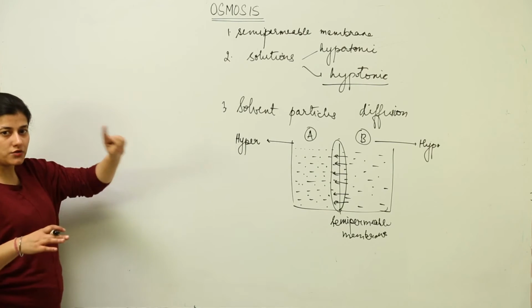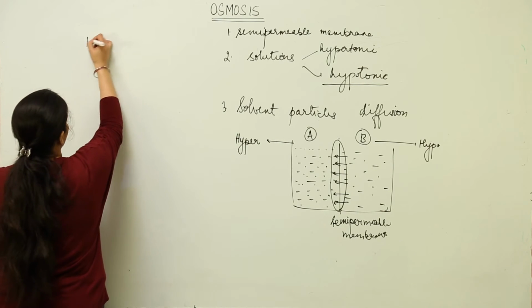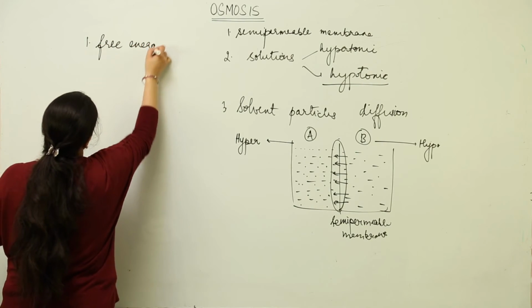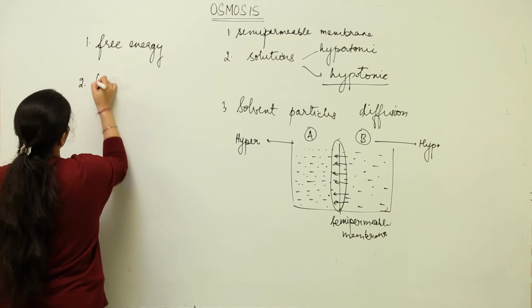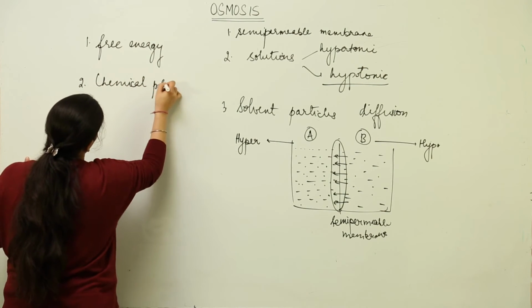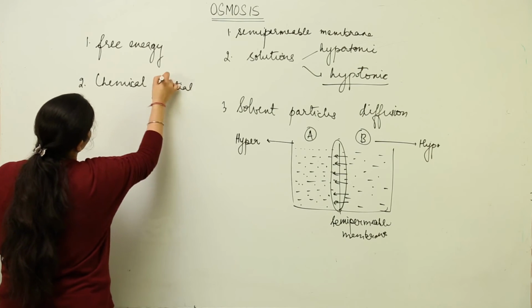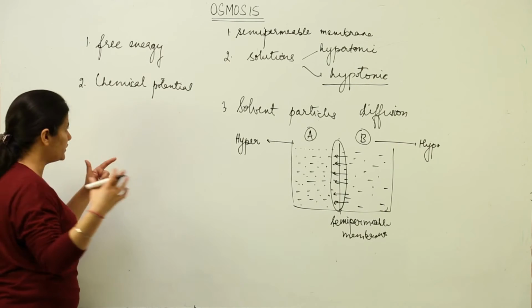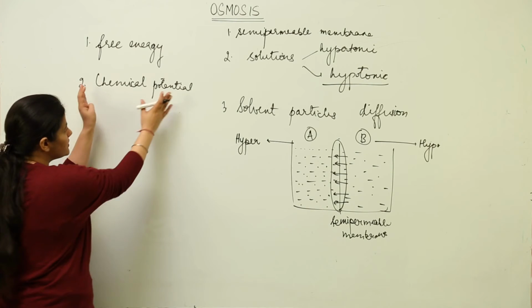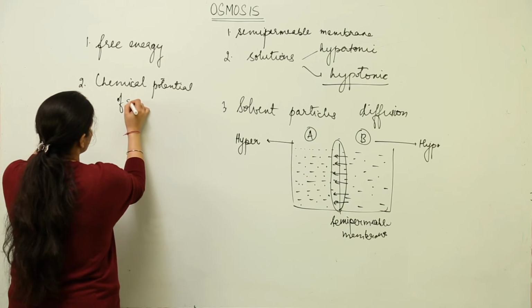In this lesson, we are going to take into consideration two more factors, one being free energy and the second being chemical potential. Chemical potential, whenever the solute is different, and because we consider water as the universal solvent, this is the chemical potential of the solvent we talk about.